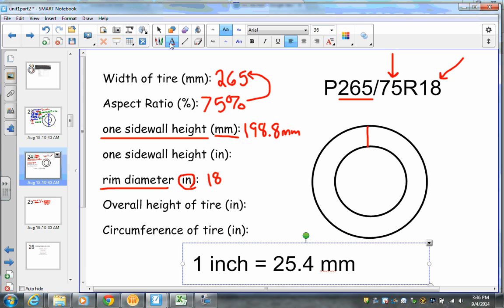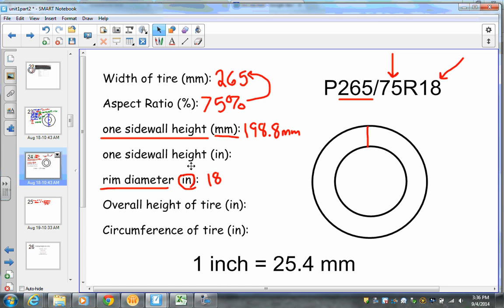By using this ratio, I take the 198.8 and divide it by 25.4, and I get 7.8 inches. Going back to my little picture, one sidewall height is 7.8.